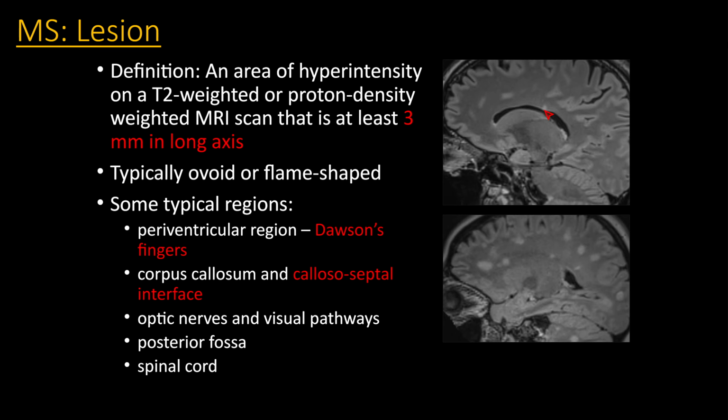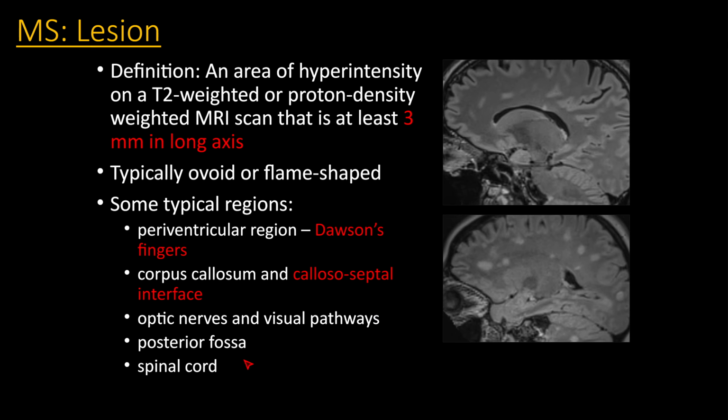Now, corpus callosum, like this particular lesion here, is a pretty common site, as is the callososeptal interface, so on the surface of corpus callosum where the septum pellucidum is. Now, optic nerves are a pretty common site of involvement, and again, we talked about orbital imaging a little bit, but one thing is, at least in McDonald's criteria, optic nerve involvement is not considered an imaging requirement for MS, and it doesn't add to any of those regions as far as McDonald's criteria go.